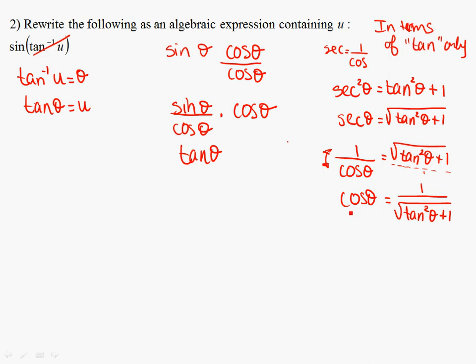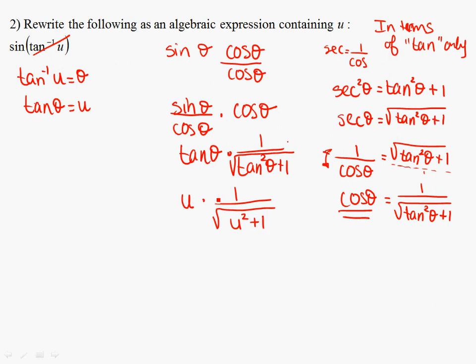Because now I can replace the cosine of theta with that thing. So the cosine of theta is actually the same as 1 divided by the square root of tangent squared of theta plus 1. Okay, how did that help? Well, the tangent of theta is worth how much? The tangent of theta is u, and so you get the square root of u squared plus 1.